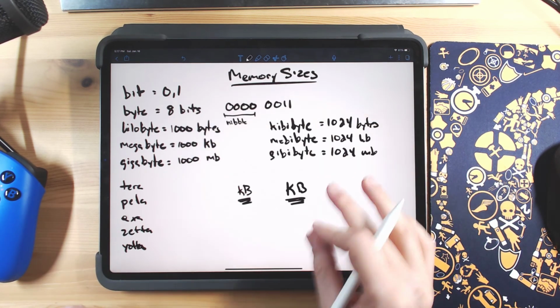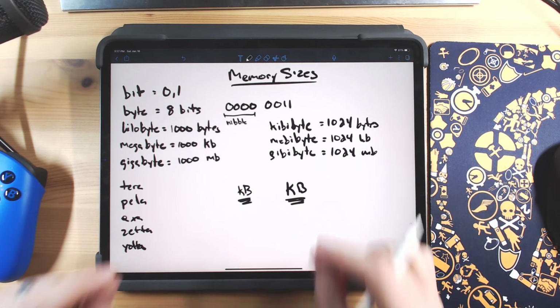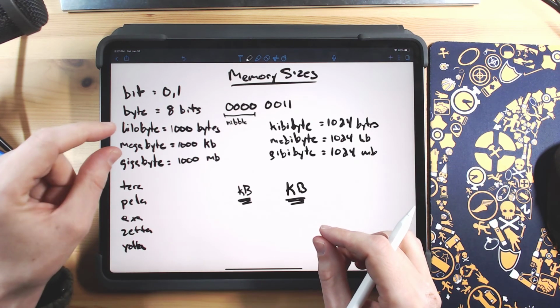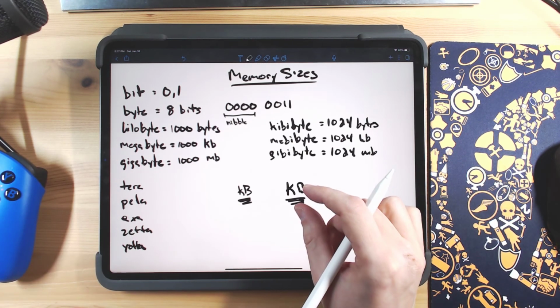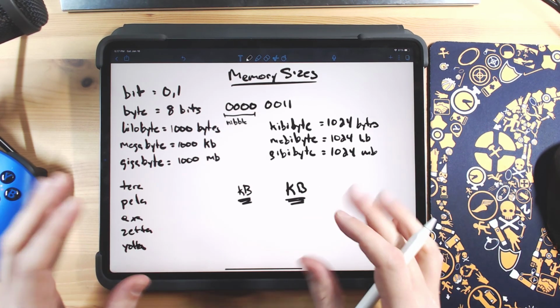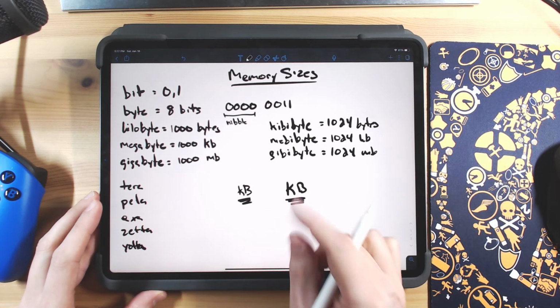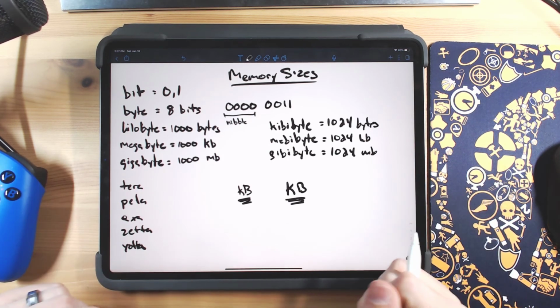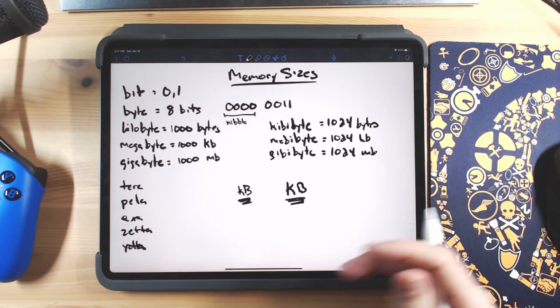This is a really good example of very confusing naming conventions, because here you have kilobytes that represent 1000 and here you have kilobytes that represent 1024. There have actually been lawsuits about this naming convention specifically, about misrepresentation, about internet data speeds or hard drive speeds, right?